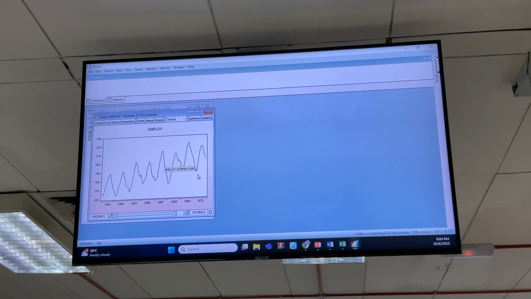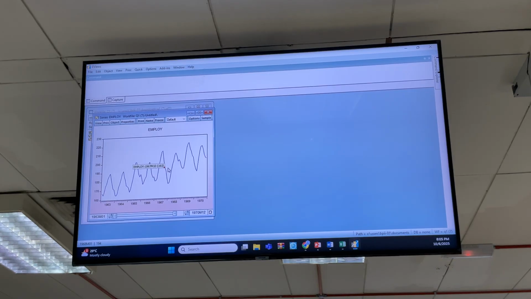If you apply the test, the conclusion is that the series is not stationary and has seasonal variation, so we need to apply differencing. You are advised to perform seasonal differencing first.